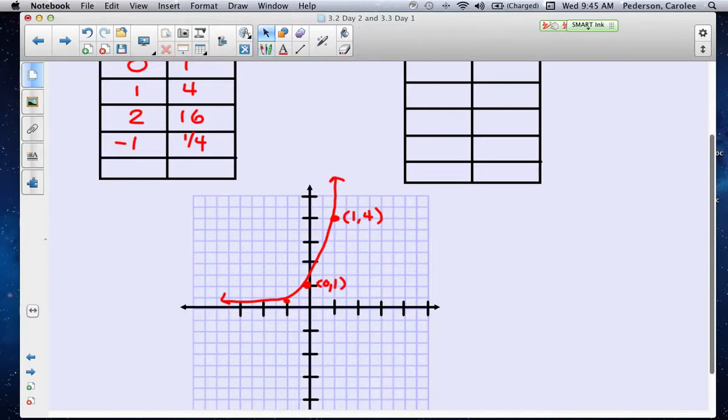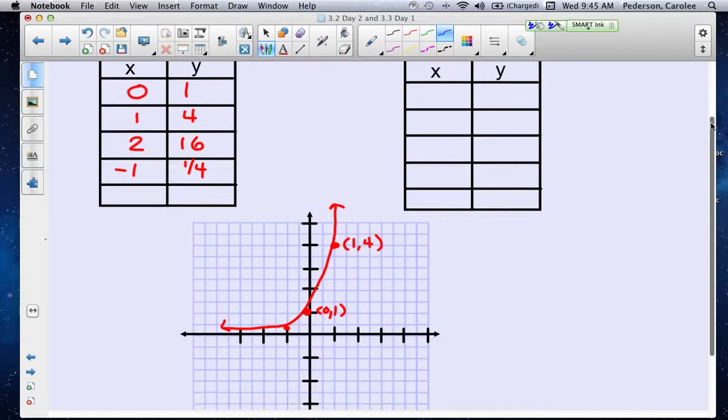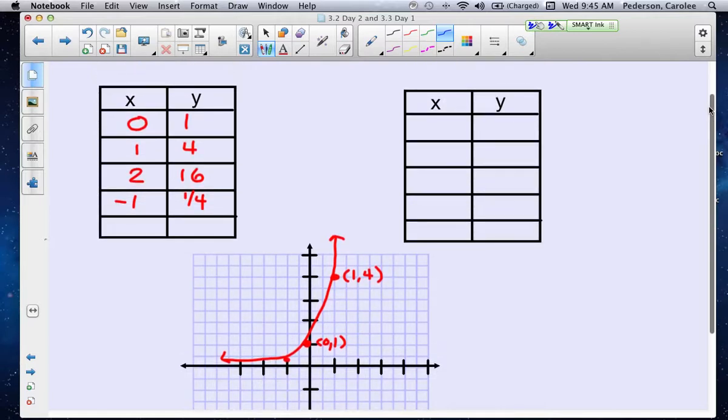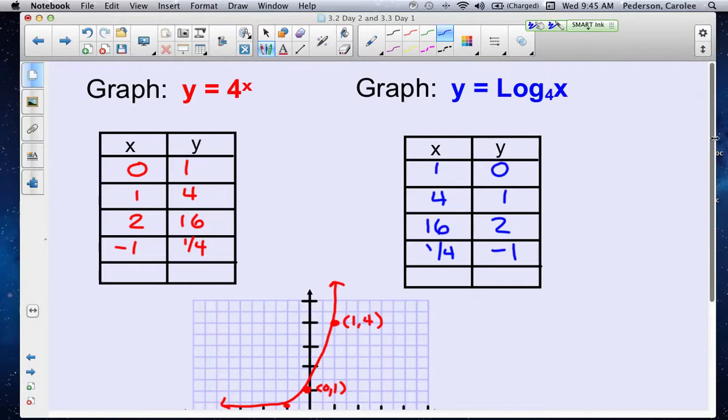So I'm going to take those ordered pairs and flip-flop them. So now this ordered pair is going to be 1, 0. That ordered pair is going to be 4, 1. This ordered pair is going to be 16, 2. And then 1/4, negative 1. And that's for graphing a logarithm of base 4.